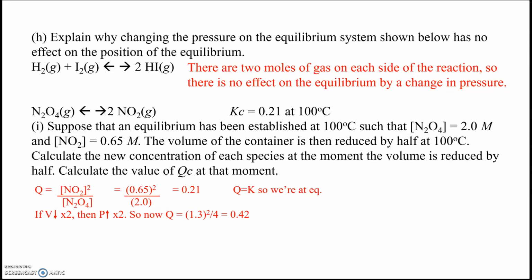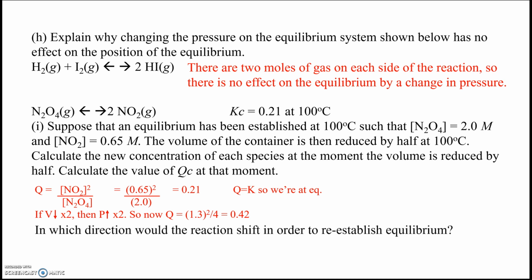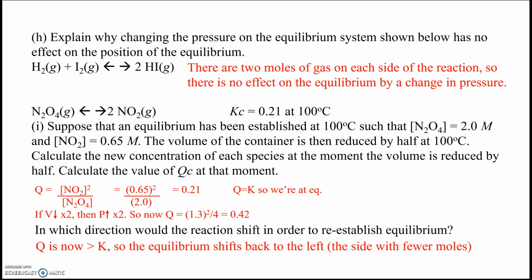So now Q is going to be equal to double 0.65, which is 1.3, squared, divided by double 2, or 4, and now I get 0.42. So in which direction would the reaction shift in order to reestablish the equilibrium? Well, at this point, Q is larger than K, so the equilibrium shifts back to the left, or the side with the fewer number of moles.